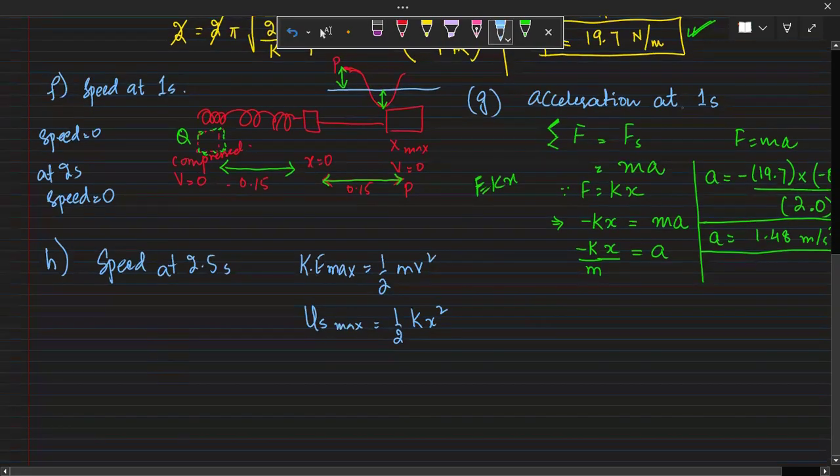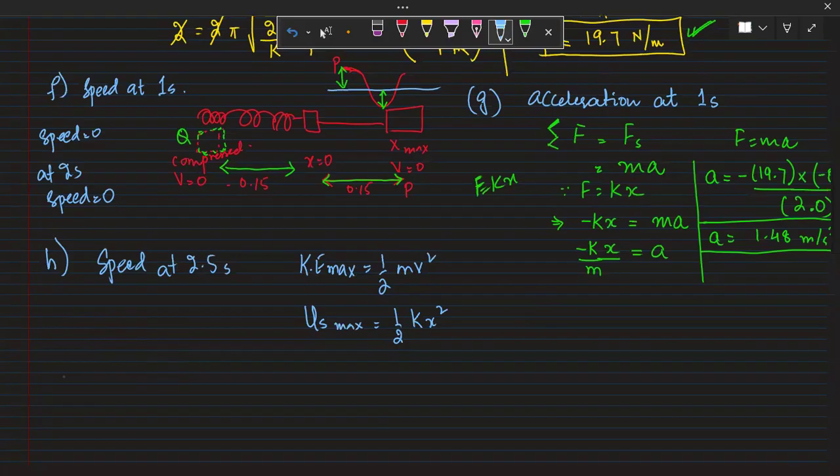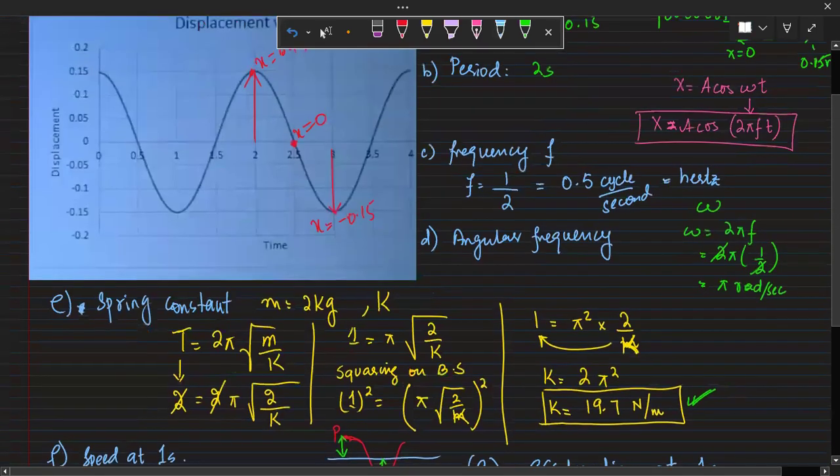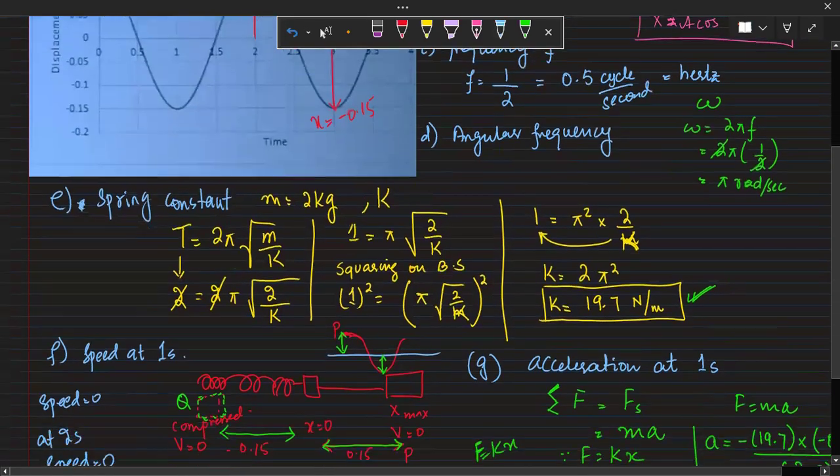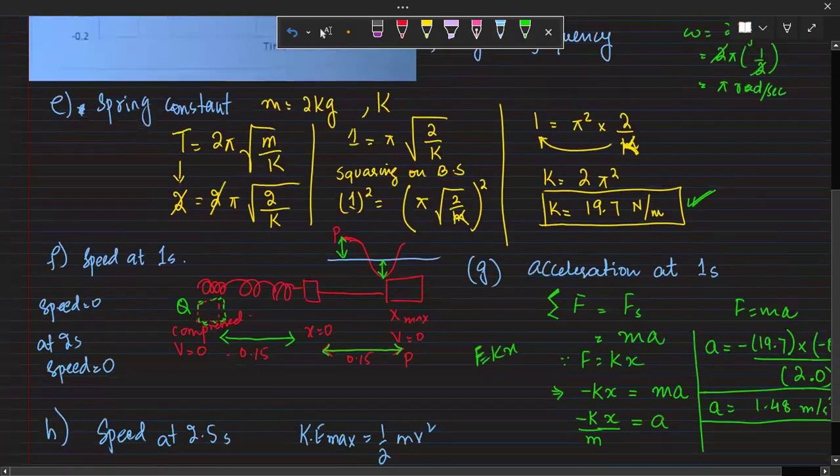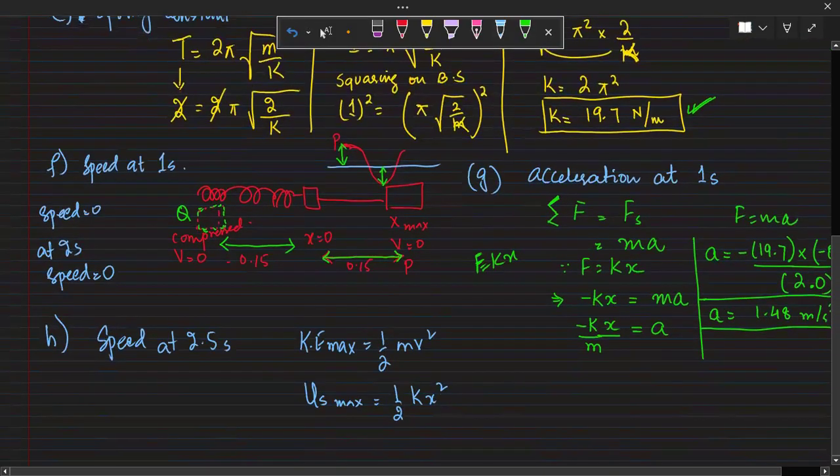Now there's the law of conservation of energy: one form of energy is converted to another. At 2.5 seconds the spring is at x equal to 0, but it is not at rest. It keeps going on.